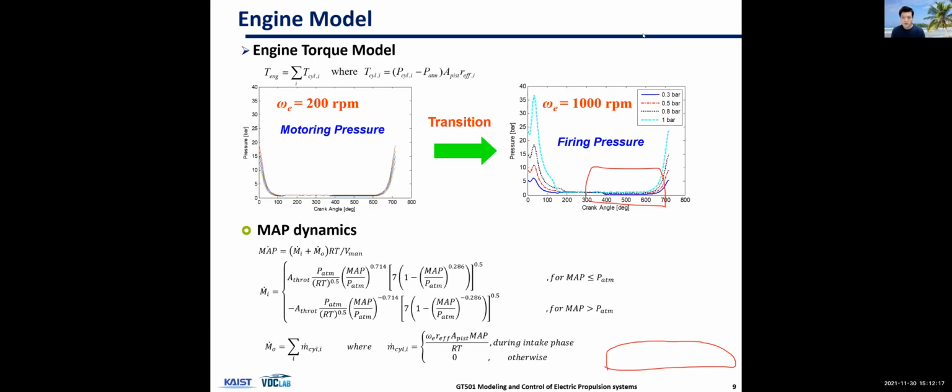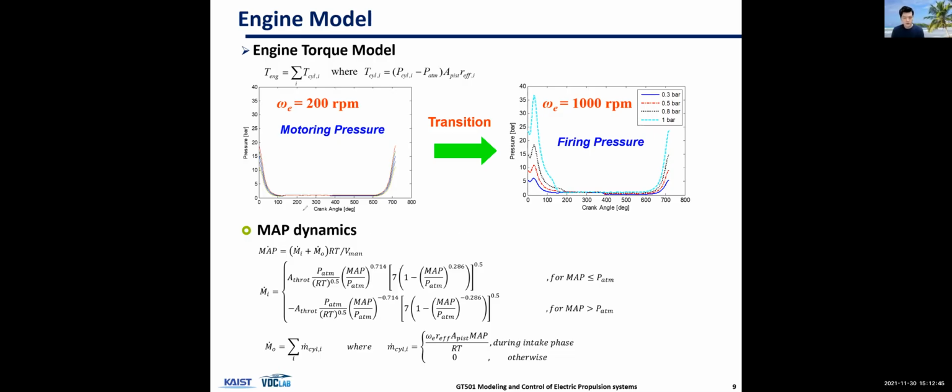And inside of the engine torque model, this is more details of each model, the engine torque model and manifold pressure dynamic model. I don't expect you to understand all the details, like I said, but hopefully this gives you an idea of what it looks like.